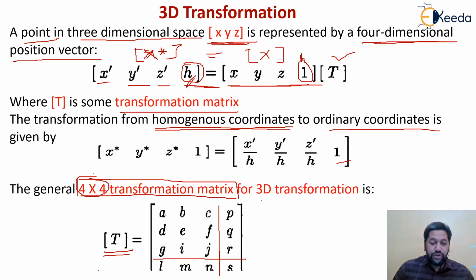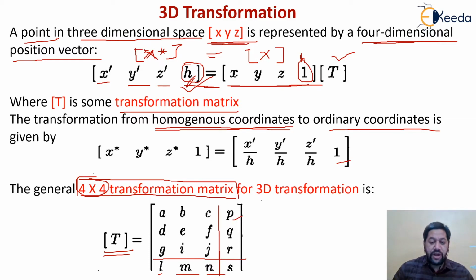I have this first 3 by 3 with the entries A, B, C, D, E, F, G, then H. Why am I not using H here? Because small h represents the homogeneous coordinate, so H is not used. So I have A, B, C, D, E, F, G, and after G, I and J. Similarly, I have L, M, and N, which are generally used for the translation purpose.